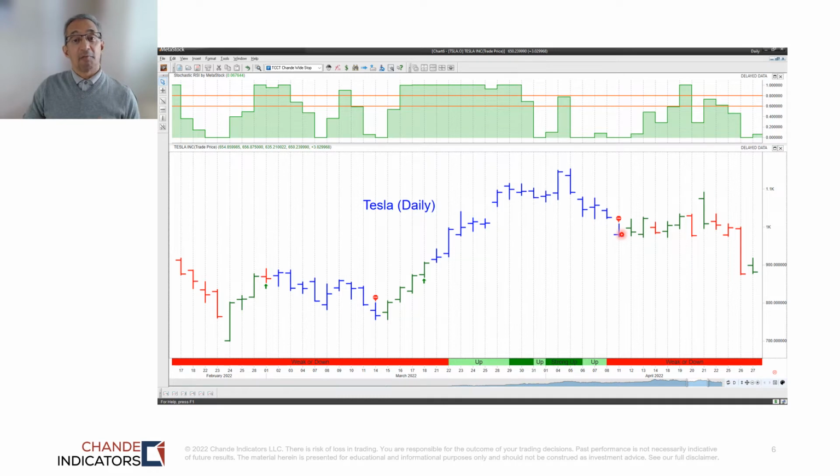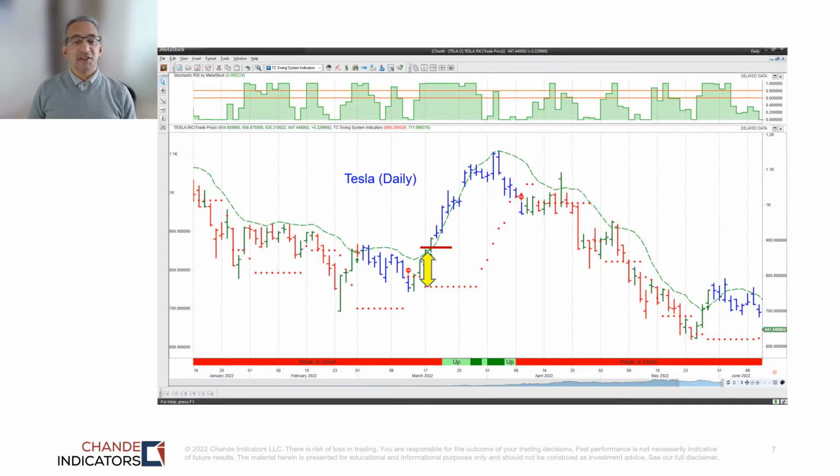But remember, we were buying strength after weakness. So this is the same chart as the previous one for Tesla with the template for the swing system. But I've added a couple of more lines and the double-sided yellow arrow. So the dashed green line is what's called the trigger line, and the dotted red line is the trailing stop.